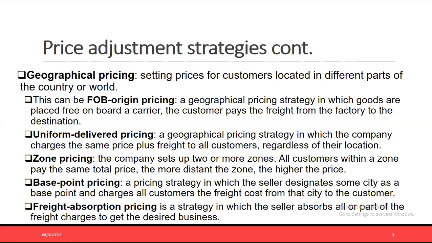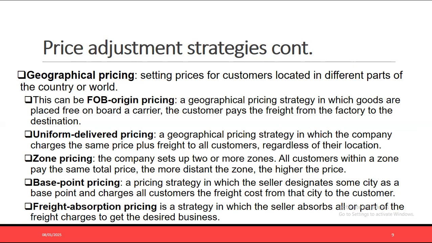There's also geographical pricing, where prices are set for customers located in different parts of the country or world. So you have the FOB. The FOB is a geographical pricing strategy where goods are placed free on board.